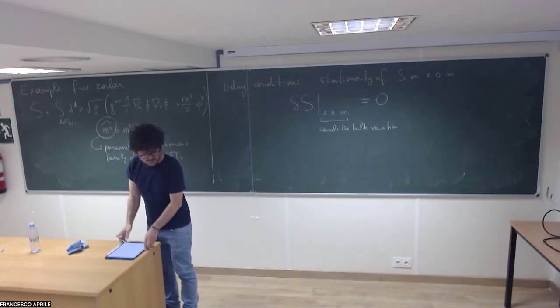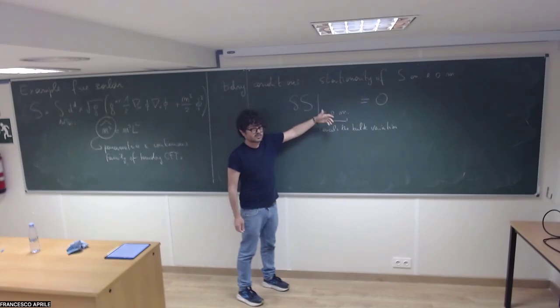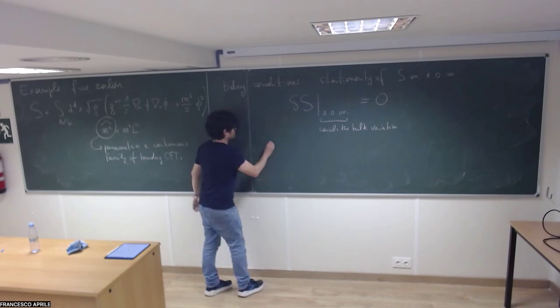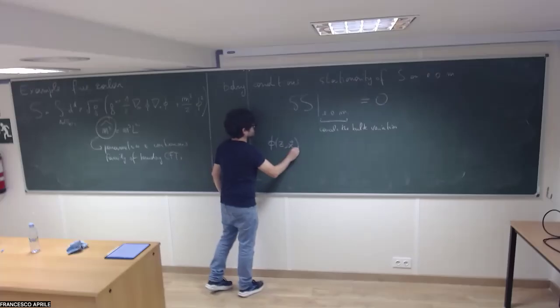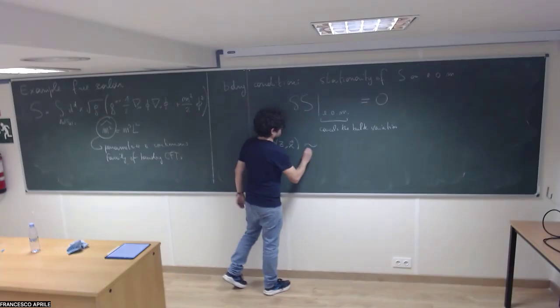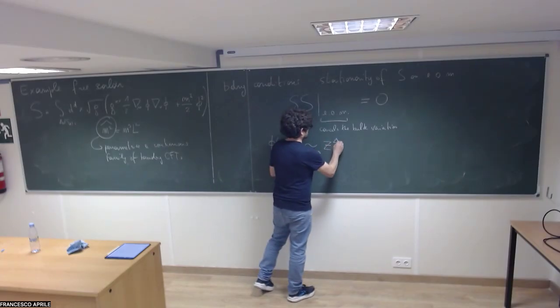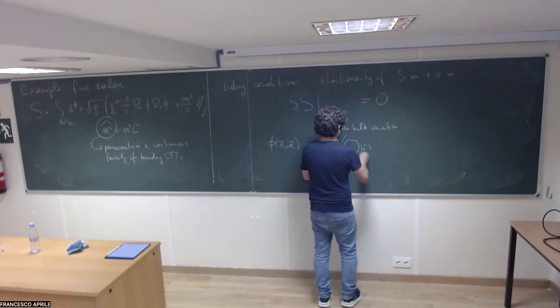So you basically have two requirements at once. Your solution needs to satisfy the equations of motion, and it needs to set to 0 this boundary term. Now, if you do it in the case of the scalar, you just have the Klein-Gordon equation. What you discover is that the boundary behavior has this form, compatibly with the bulk equation of motion. This is just a coefficient.